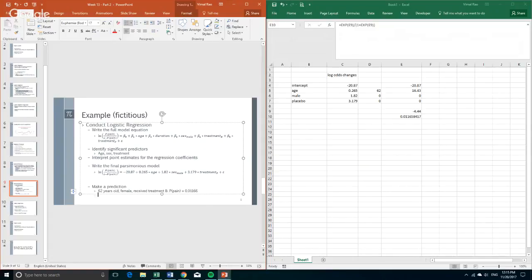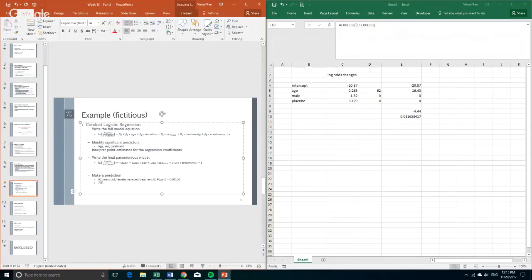Let's do another one. Now we have somebody who's 73 years old. They are male, and they received treatment P, the placebo. So again, we add everything up.